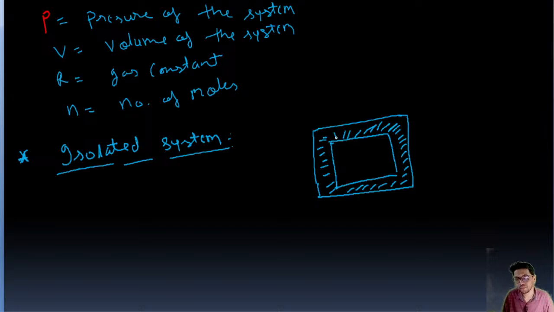So that is called an isolated system. NVE. N is the number of particles, V is the volume, E is the energy of the system. So this is the isolated system, guys, because there is no exchange of heat between system and surrounding.